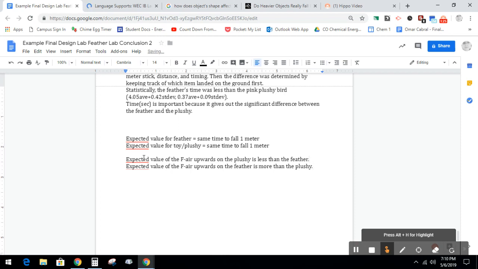So what does that mean for fall time? So the plushie will take less energy from gravity's field.